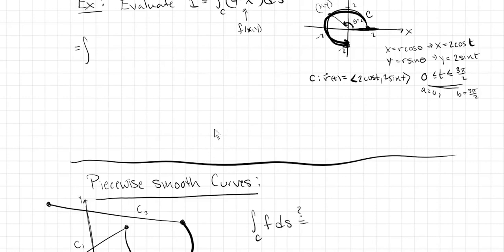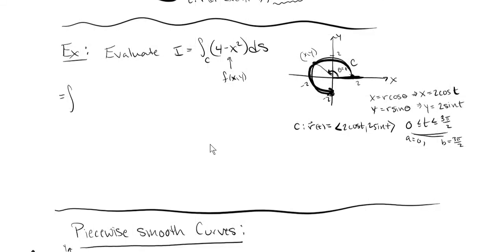Here we go. Let's see what we get. So we need to go from a equals 0 to 3 pi halves. That's what we're integrating over. The function here is 4 minus x squared, so we need to plug in instead of x. In fact, let me write this before we get into setting up the iterated integral.